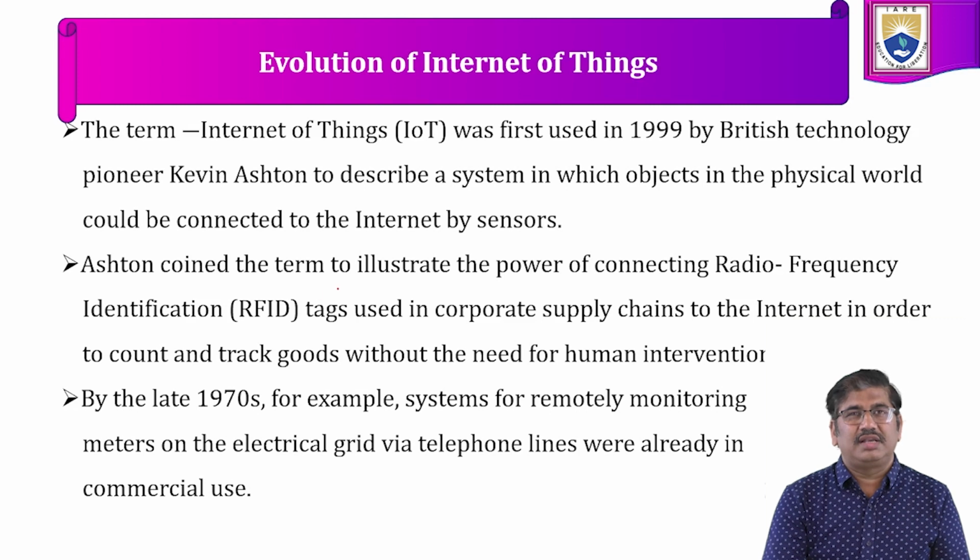He coined the term to illustrate the power of connecting radio frequency identification, that is RFID tags, used in supply chains to the internet, in order to count and track goods without the need for human intervention.